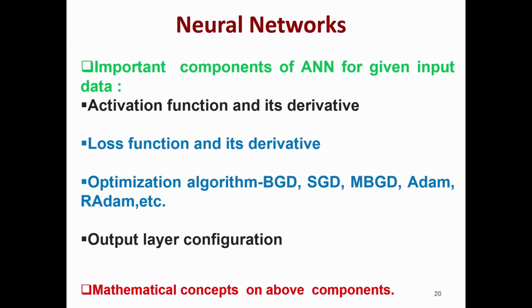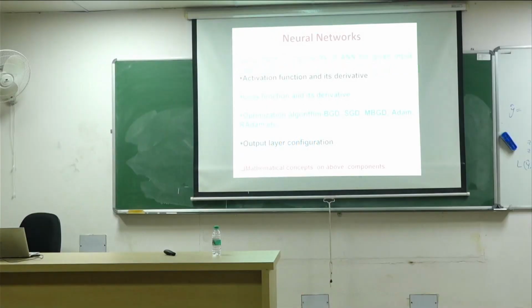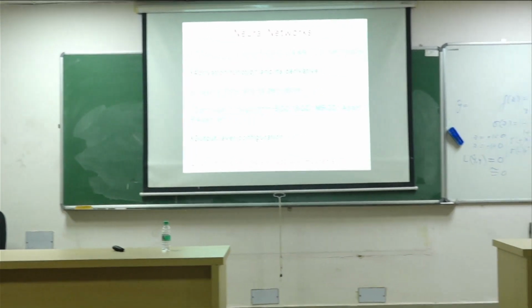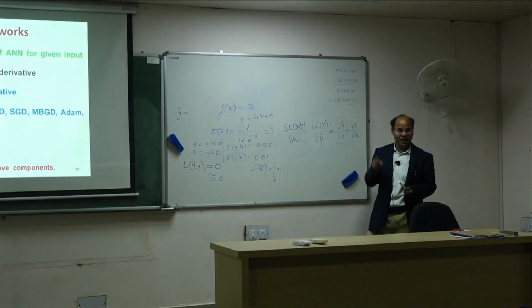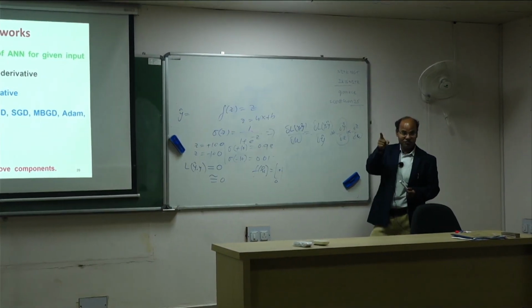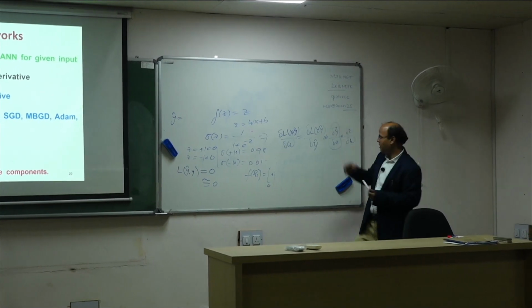So here if you see, this is where we are using the chain rule, right? The chain rule is a concept from calculus, okay? So this is the derivative of the loss function, right? You can easily compute it, right? And this part is nothing but the derivative of the activation function, whatever you use at the output layer, okay? Yes or no? Right? A simple example.